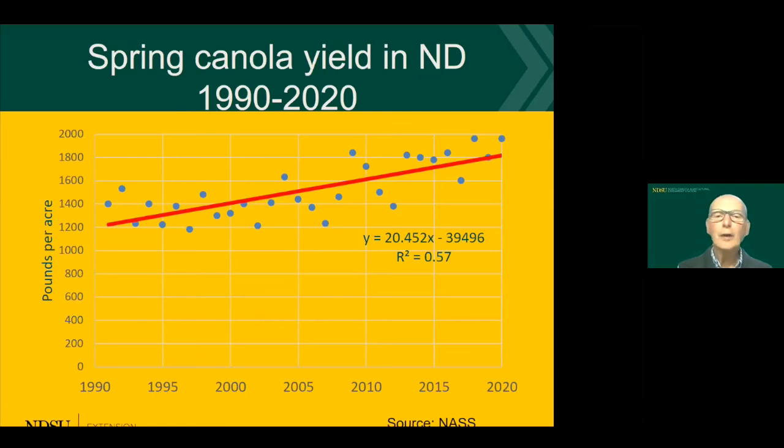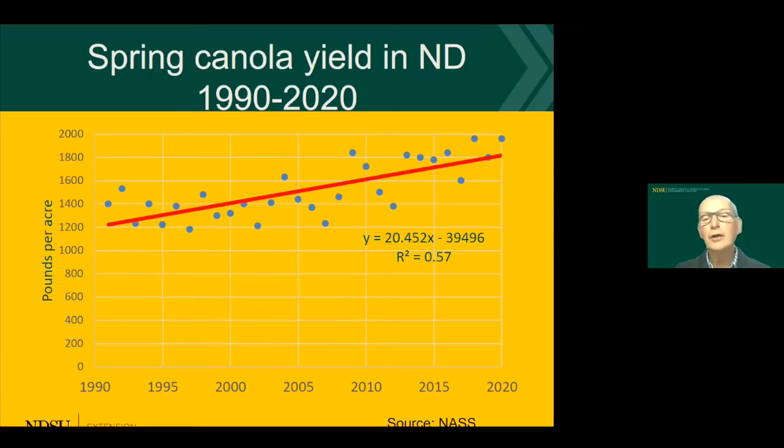So I am presenting here a little bit of data from the National Agricultural Statistics Service. And what this is, the years from 1990 to 2020. And on the left, you see the pounds per acre. And each dot is the representation of the average canola yield as reported by the Statistical Service.